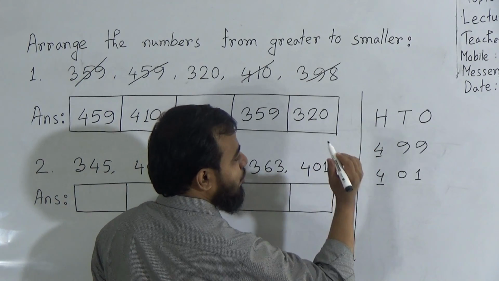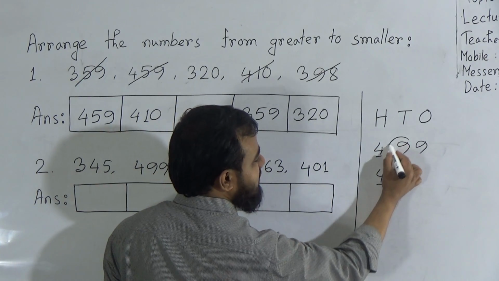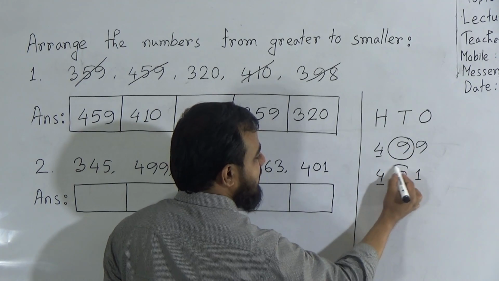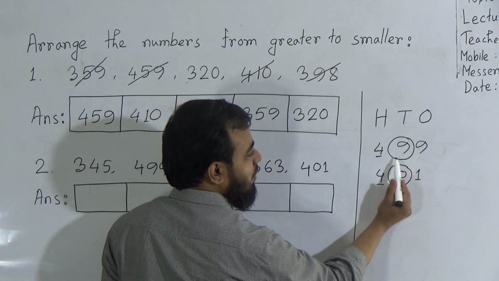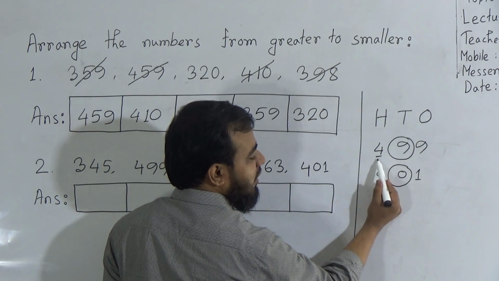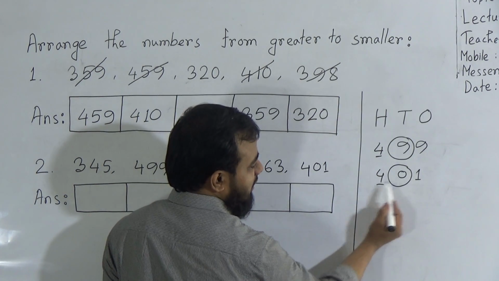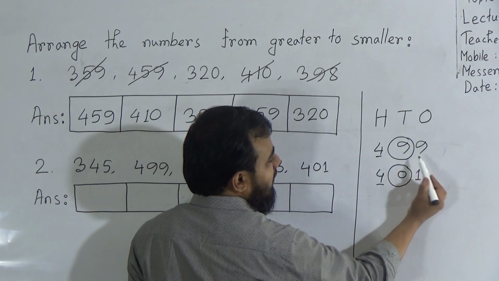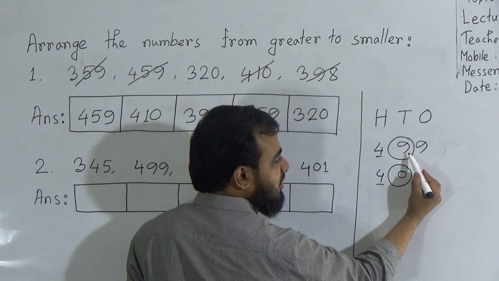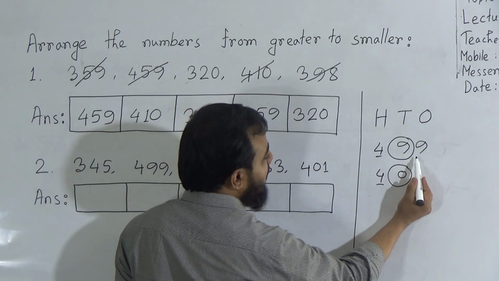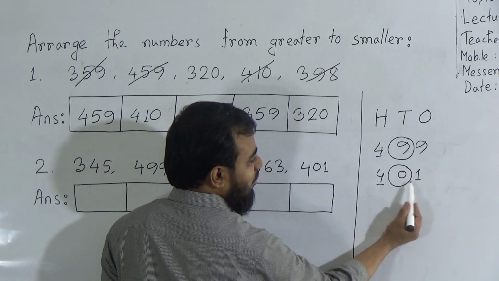These 2 numbers have the same digit in the hundreds position, that is why we should go to the next place, the tens place. In the tens place, 499 has 9 and 401 has 0. Between these two, 9 and 0, we know that 9 is greater. That is why 499 will be greater than 401.